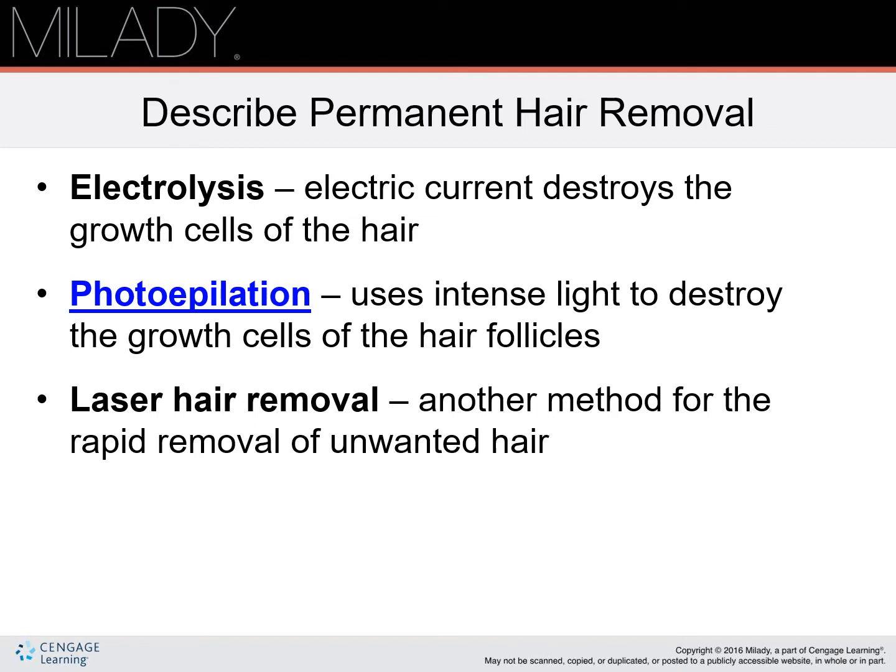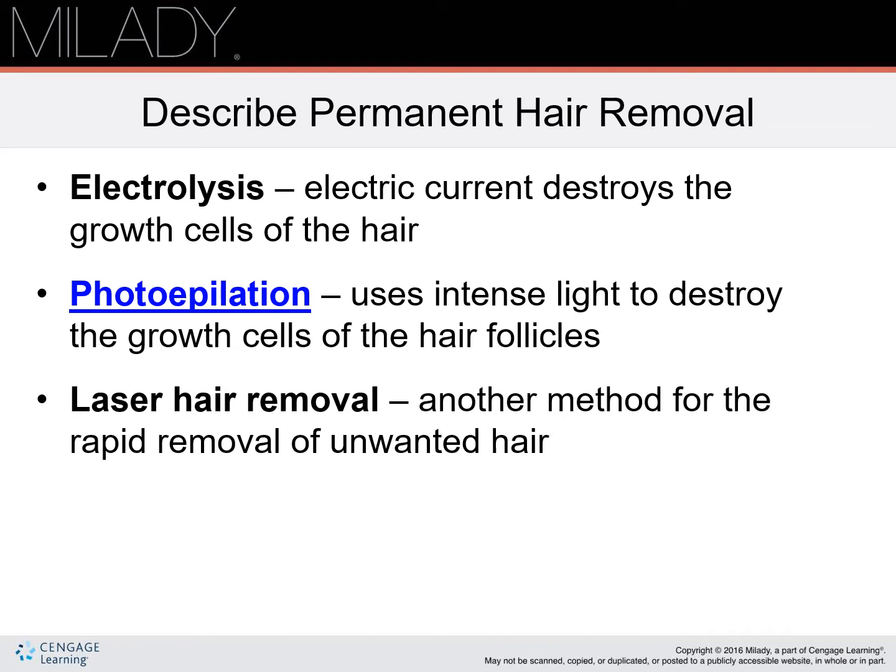Electrolysis is actually the most permanent, and we're going to get into that in a little bit. Photoepilation uses intense light to destroy the growth cells of the hair follicles. This is also called IPL, intense pulsed light, and again, it destroys those growth cells in the hair follicle.